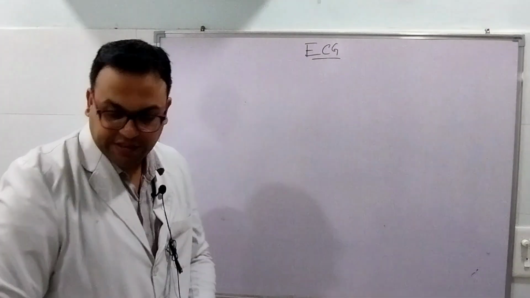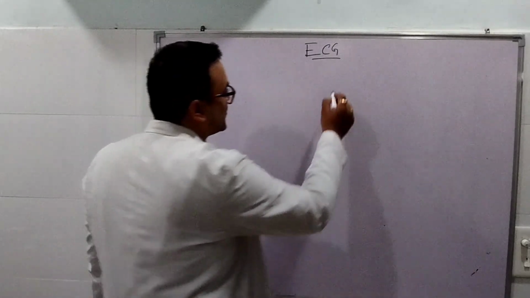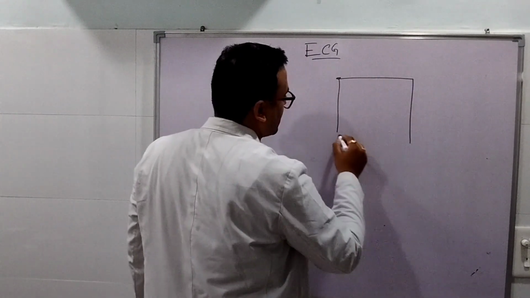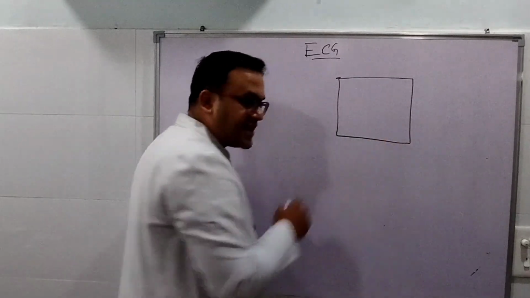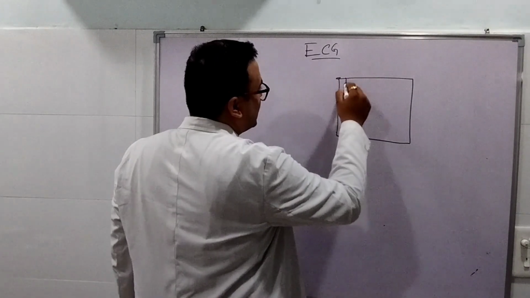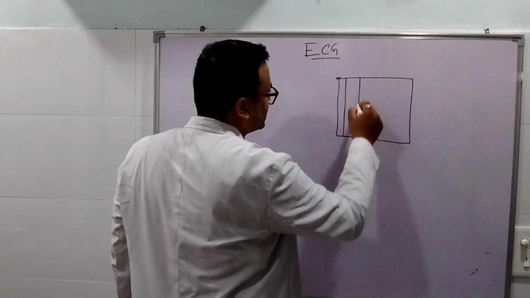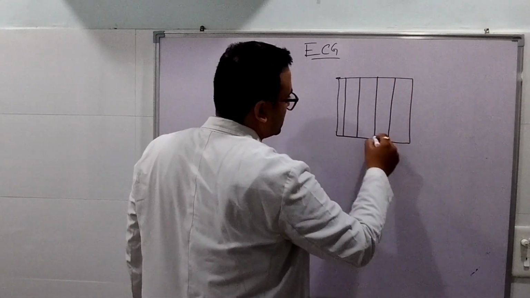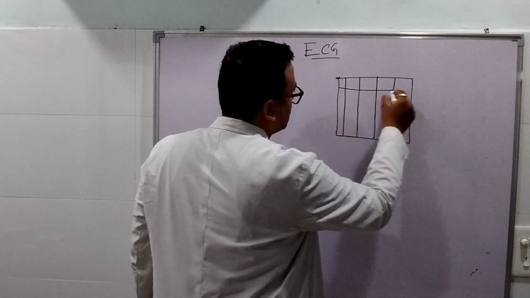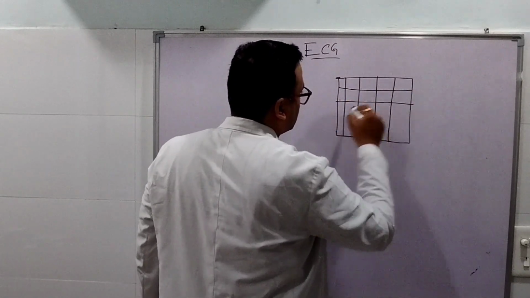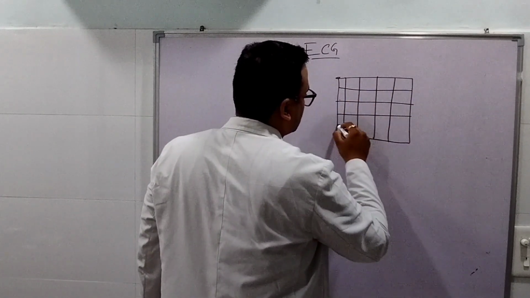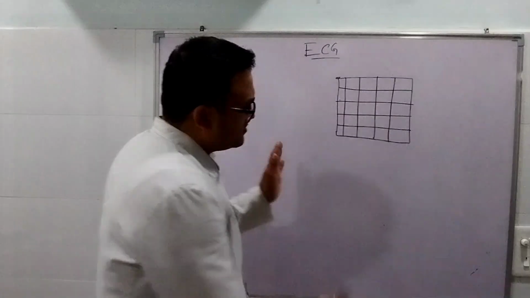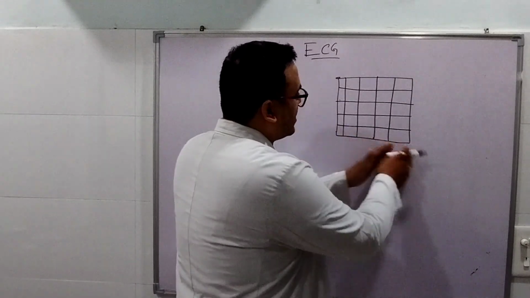If you look carefully at the ECG paper, there is a large box, and in this large box there are 25 small boxes. In reality these are all equal.